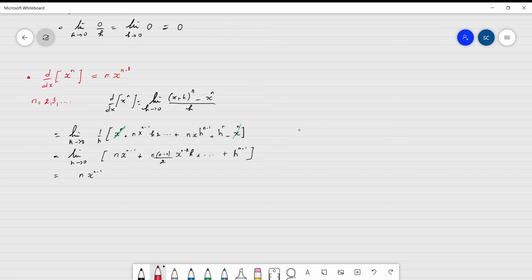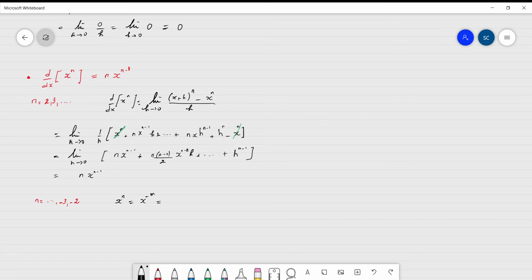Now, if n is negative, we can use the previous result to show it. So if it's negative, let's say -3, -2, I just give you the idea. x to the n, I can write it as x to the minus m.